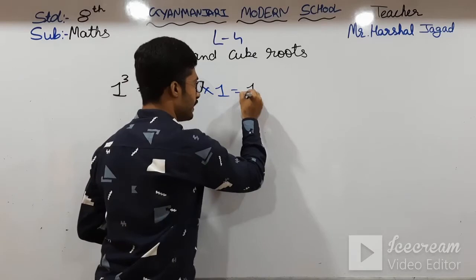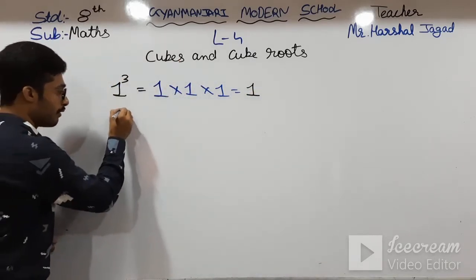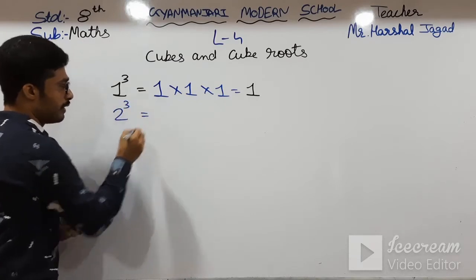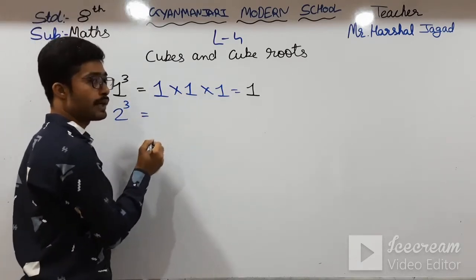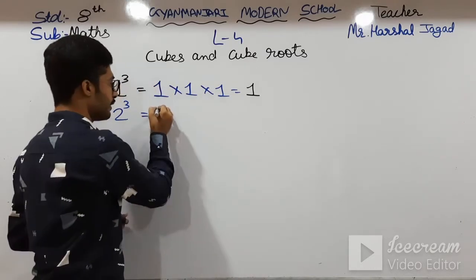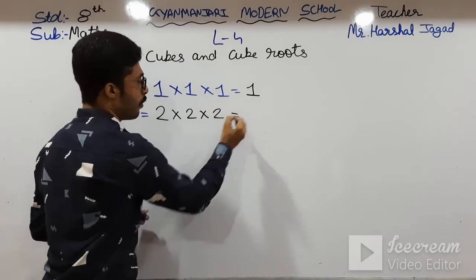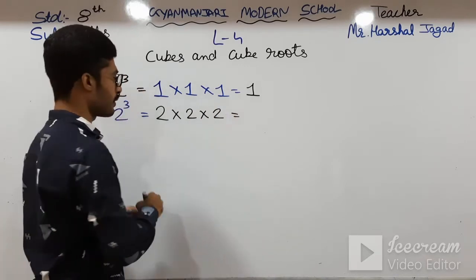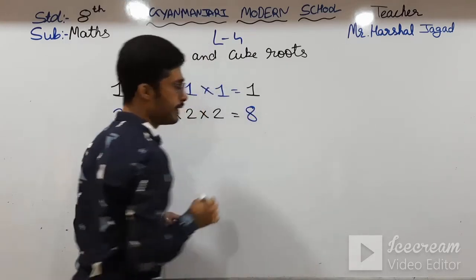The answer will be 1. Okay, students. Next, we will do 2 cube. We have to multiply 2 3 times, that is 2 into 2 into 2. What will be the answer? 2 2s are 4, 4 2s are 8. So, here will be 8.